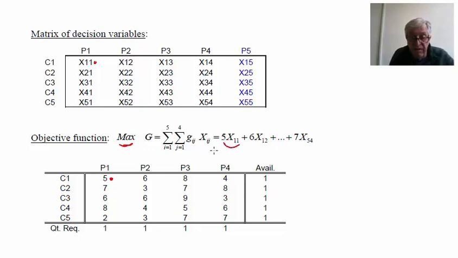So we have 5x11. Then for place 2, 6x12, until the last candidate to the last position, x54, which is multiplied by 7. Of course, we don't need to consider the allocation in the objective function for the fictitious position, because the ability of each candidate for this position is 0.